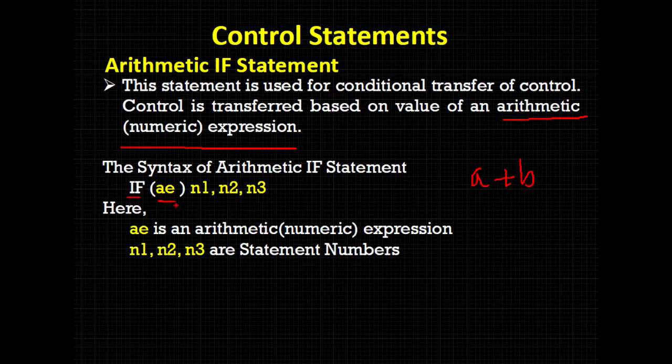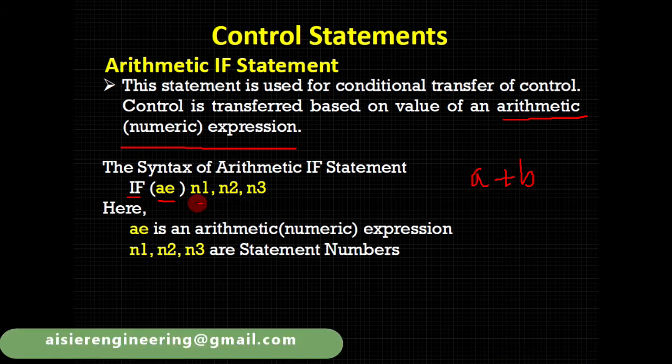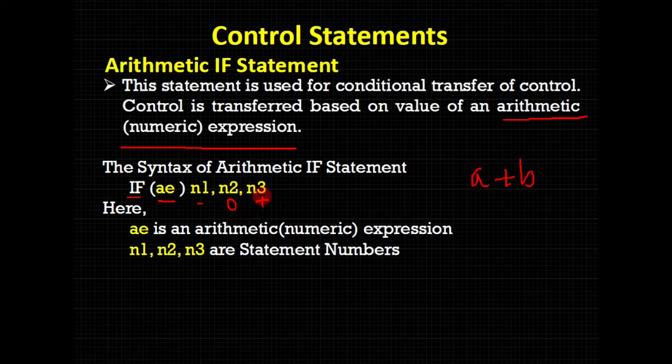If the result of this arithmetic expression is negative, it will execute n1. If the result is exactly 0, it will execute n2. And if the result is positive, it will execute n3.